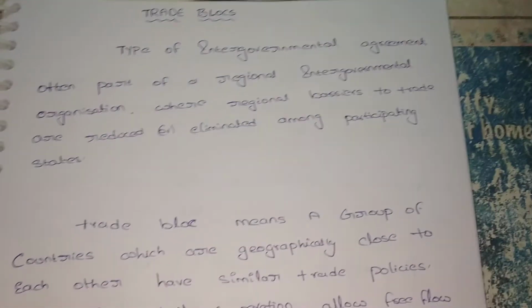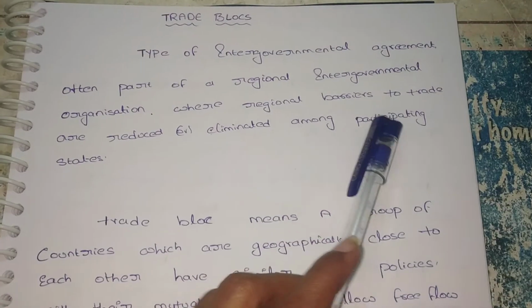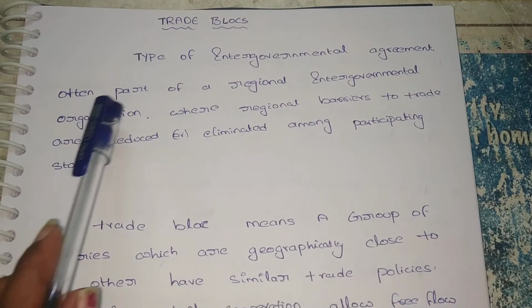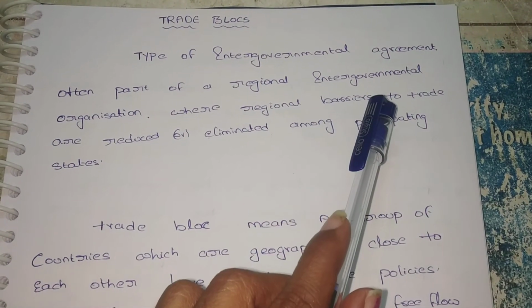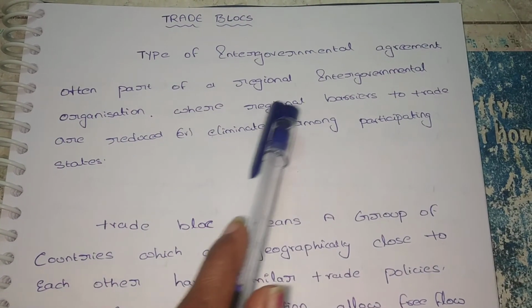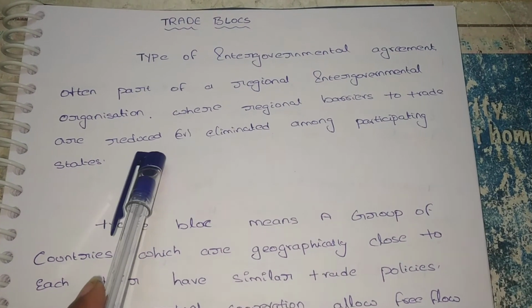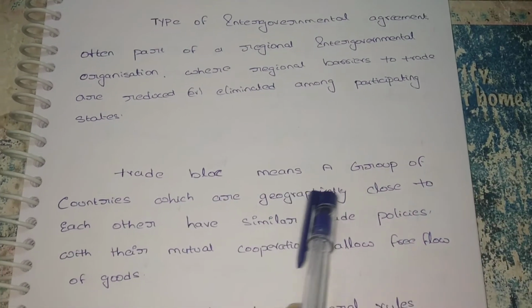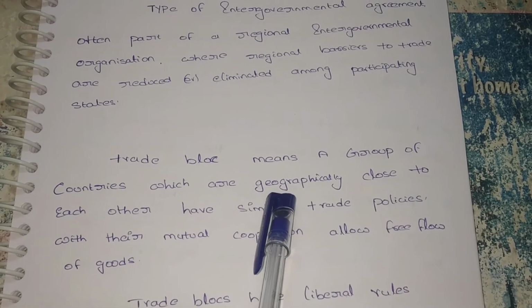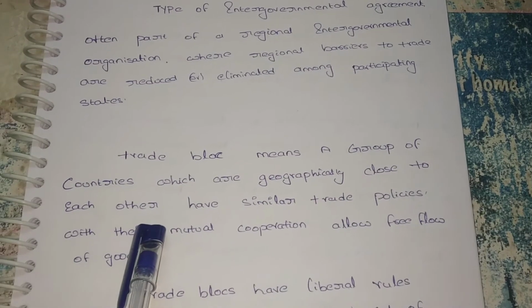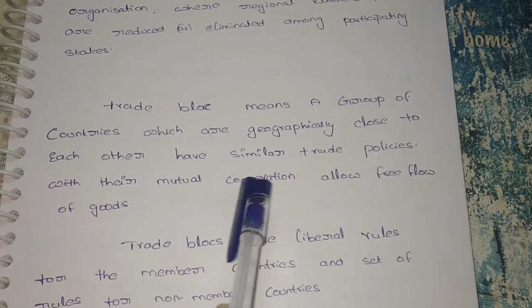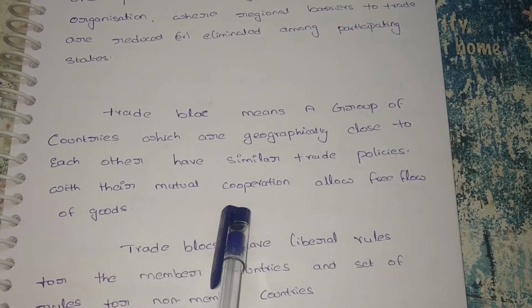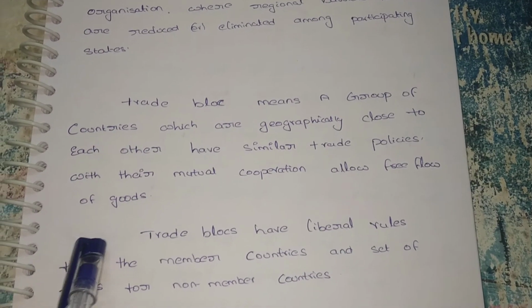It is a type of intergovernmental agreement, often part of regional intergovernmental organizations, where regional barriers to trade are reduced or eliminated among participating states. A trade bloc means a group of countries which are geographically close to each other, have similar trade policies, and through mutual cooperation allow free flow of goods.